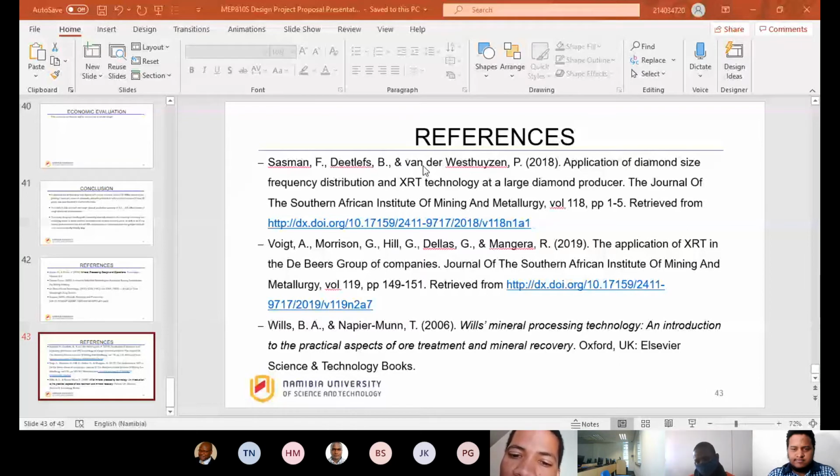Because, with us expecting a lot of fines, mainly clay materials, we would do some test work to see exactly what type of flocculants we will be using to remove those ultra fine solids from our slurry.